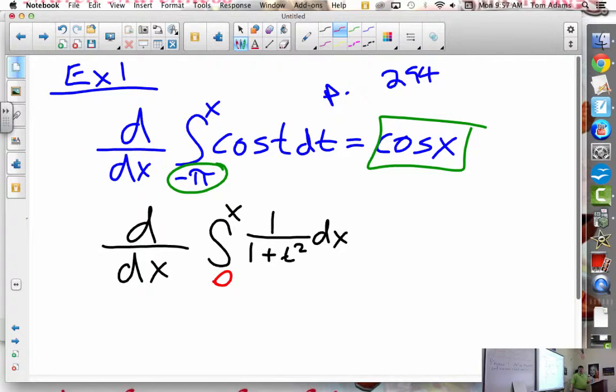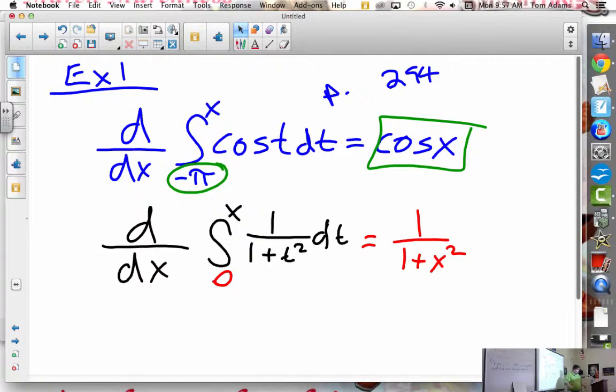But again, the constant doesn't matter so much. I have the variable x here, which means, whoops, my apologies. This should say d dt, because it's a function of t. But this function is just 1 over 1 plus x squared. That's it. We just have to accept that. Okay? And that's it.